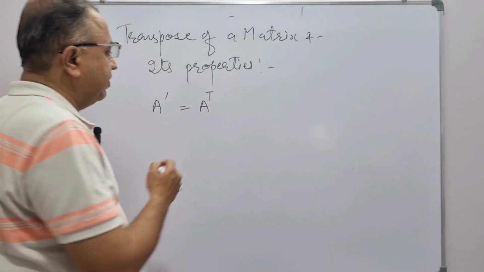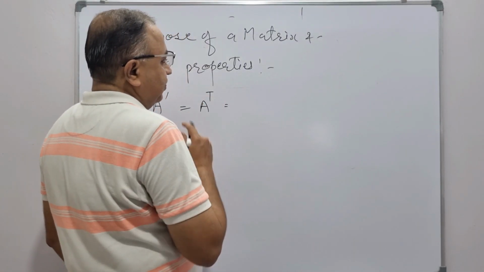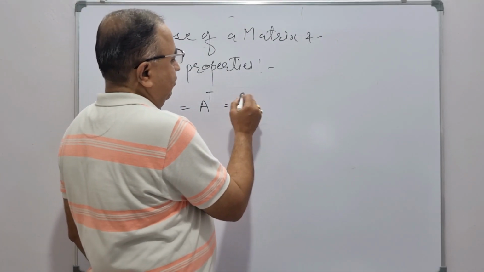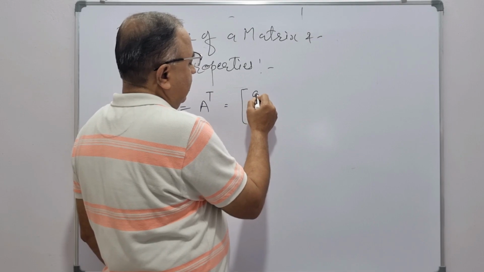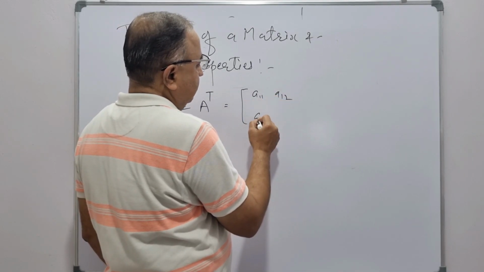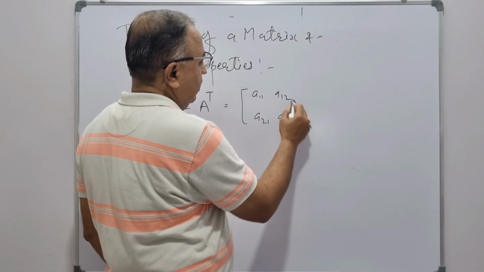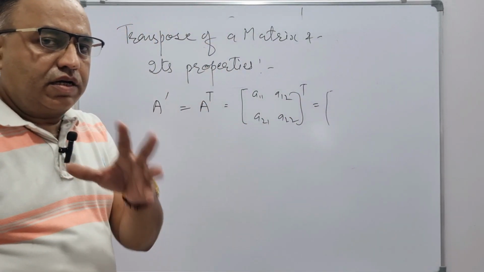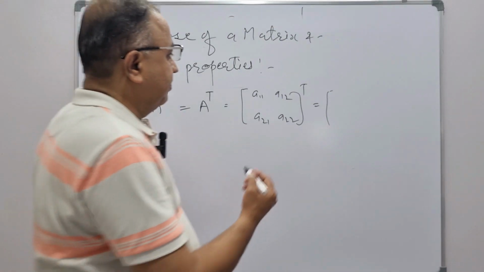To obtain the transpose of a matrix, you have to convert rows into columns. For example, if I have here A11, A12, A21, A22, and you find its transpose, transpose means converting rows into columns or interchanging them. Simple.